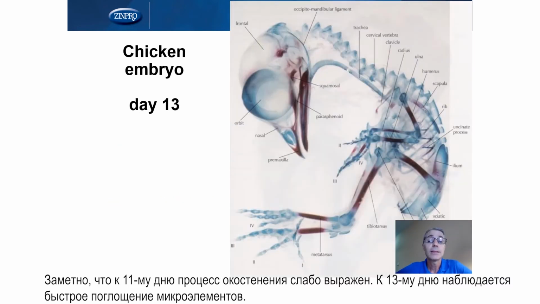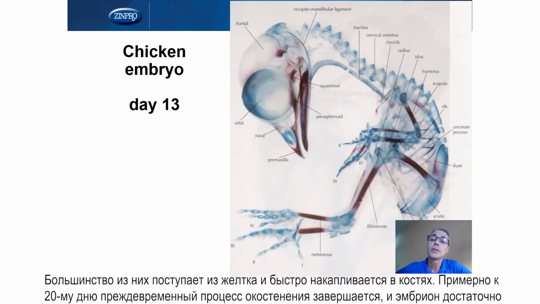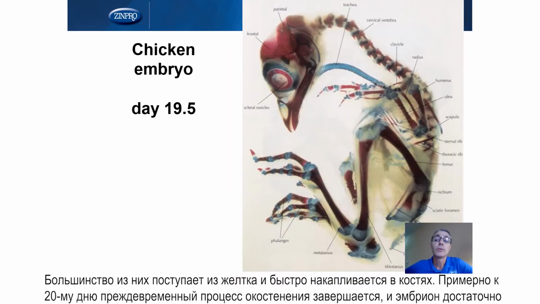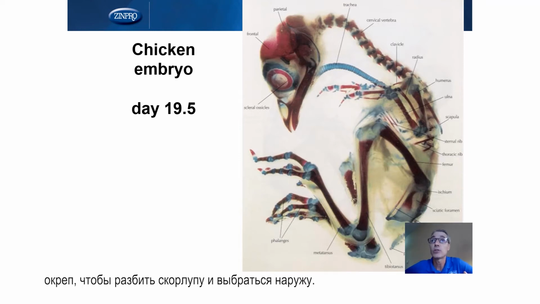By day 13, they quickly absorb the minerals, mostly coming from the yolk, and the minerals are quickly deposited in the bones. By almost day 20, the embryo is pretty much well ossified, so the embryo is strong enough to break the eggshell and come out.